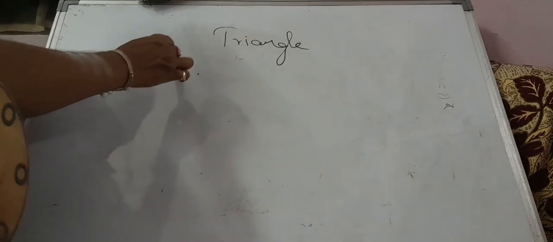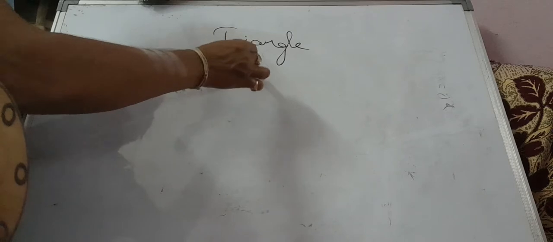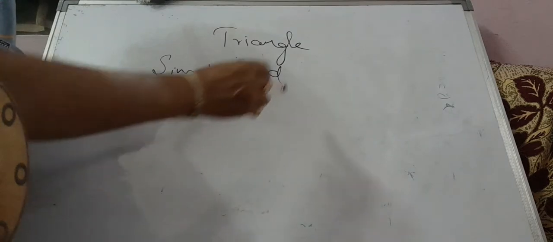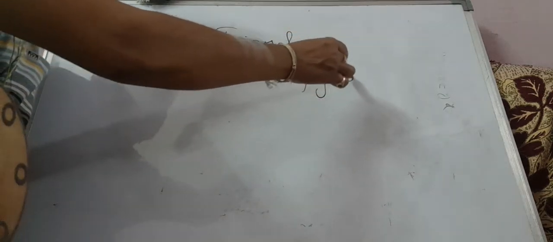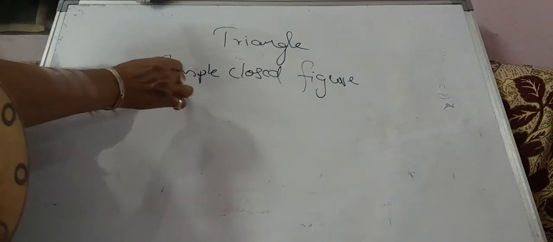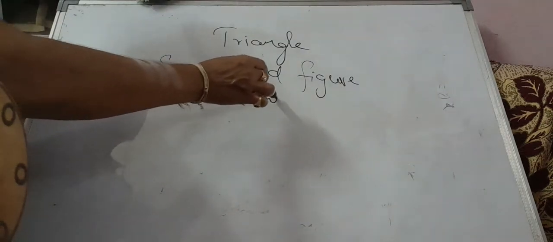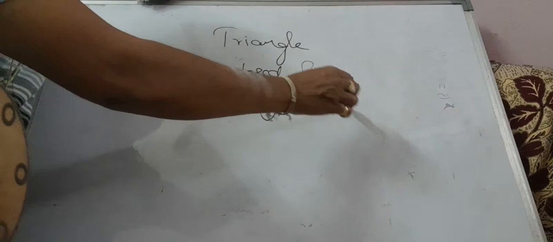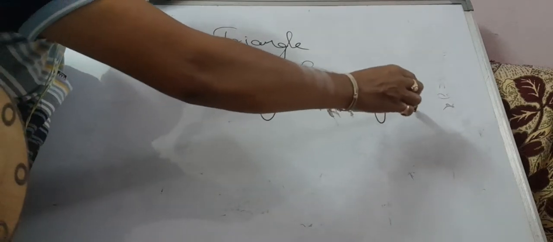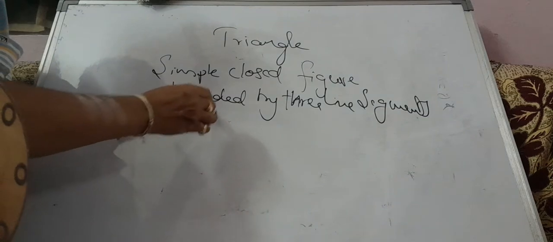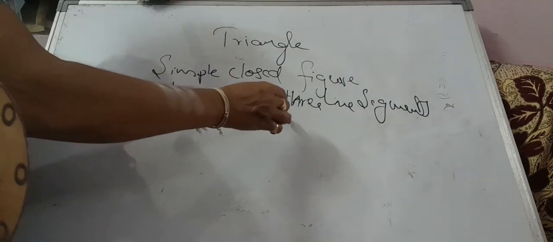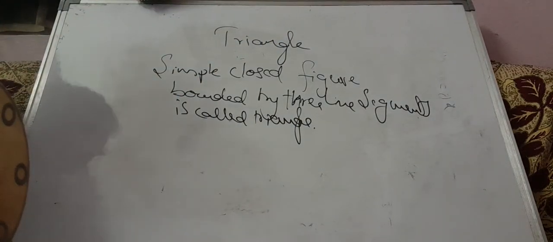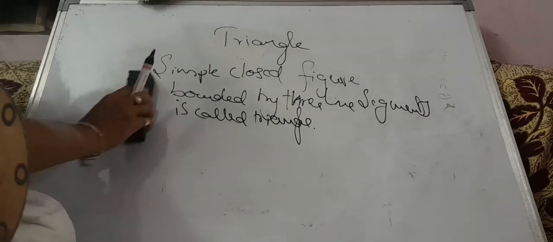A simple closed figure bounded by three line segments is called triangle.